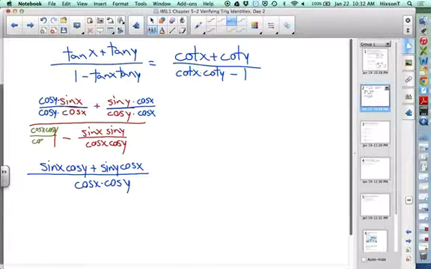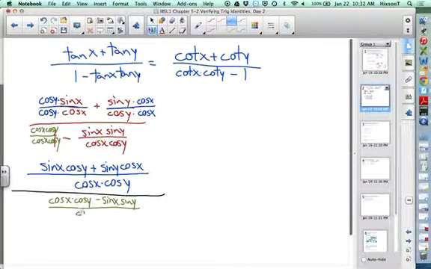I'll color code it so you can see. I have cosine x times cosine y minus sine x sine y all over cosine x times cosine y.